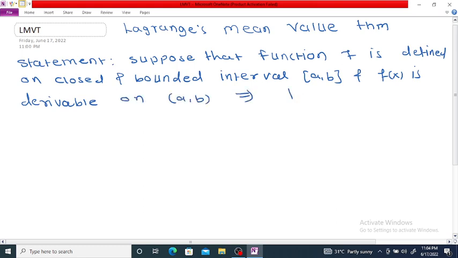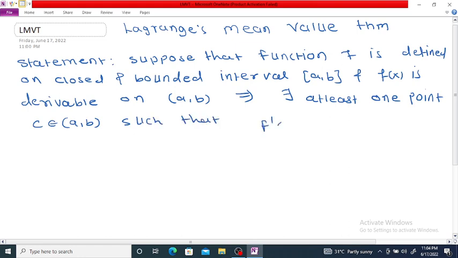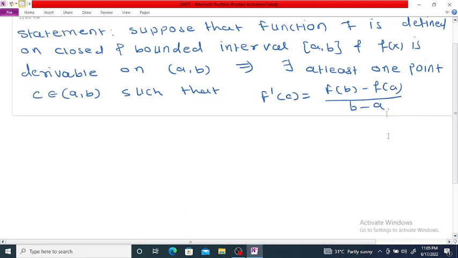Then there exists at least one point c in the open interval (a, b) such that f dash c is equal to f of b minus f of a divided by b minus a. So this is the statement of Lagrange's mean value theorem.